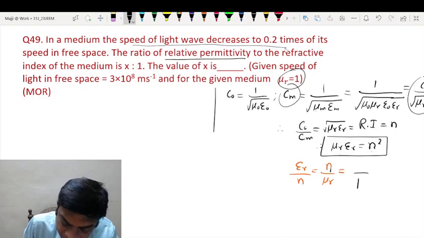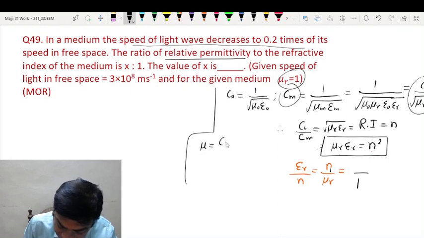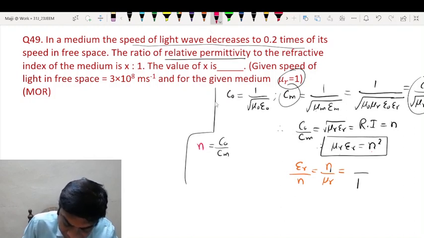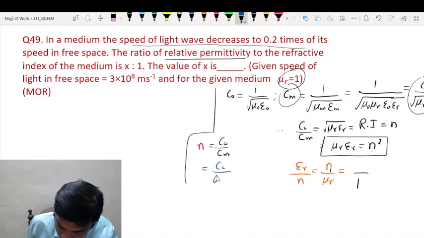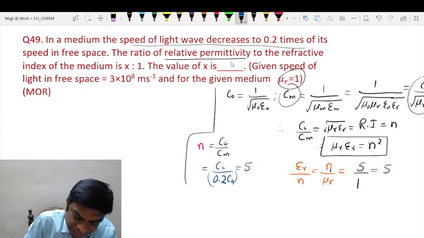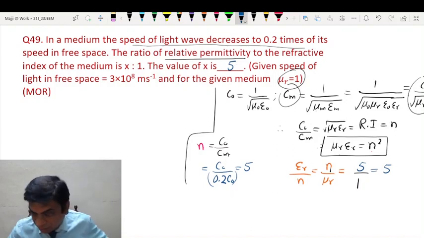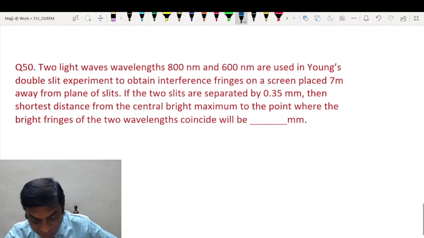You can see the speed of light wave decreases to this. Now as we all know, refractive index is this. So this is given as 0.2 times the speed of light in air. So n will be 5. So the answer is 5 is to 1.